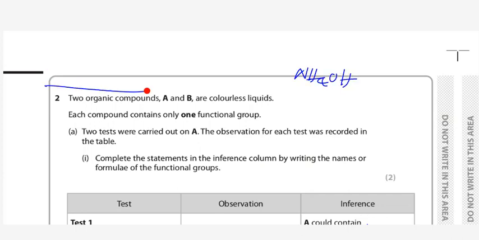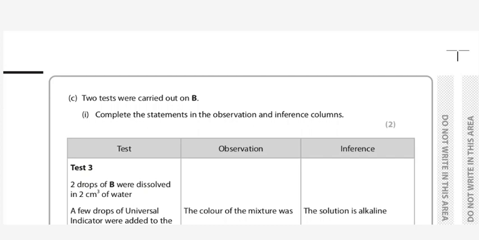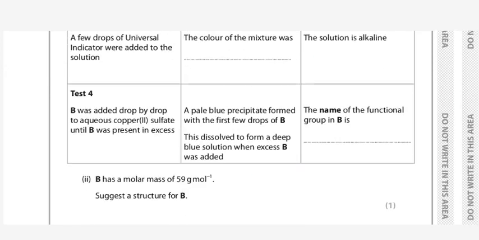So which organic compound gives a similar observation to ammonium hydroxide? Amines, right? So the functional group is amine, NH2 group. Functional group is an amine. Because amines behave just like ammonia.